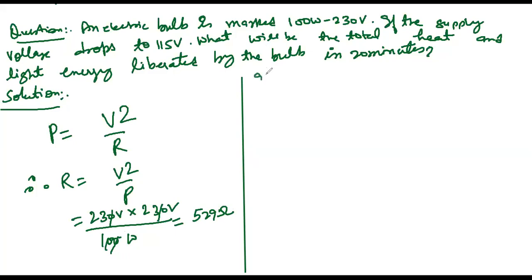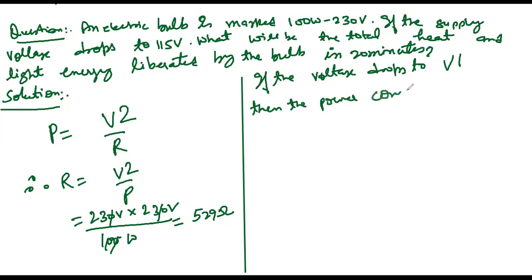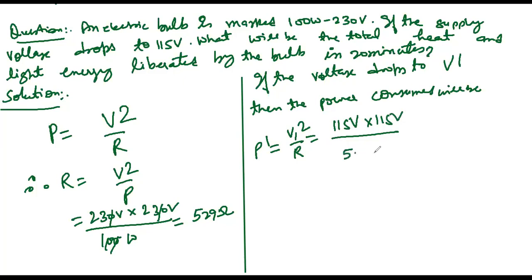If the voltage drops to V dash, then the power consumed will be P dash is equal to V dash square divided by R. Substitute the value: we will write here 115 volt into 115 volt, and resistance is 529.